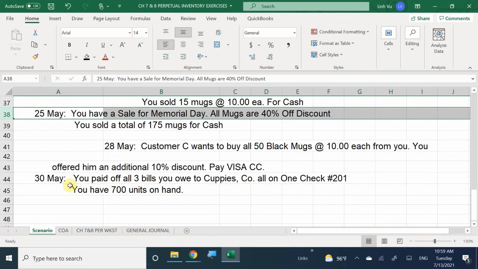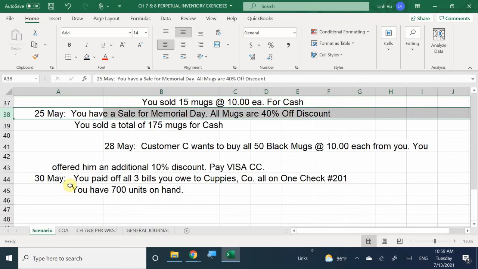What happened on the 28th of May? So customer C wants to buy all 50 mugs at $10 each from you. You offer him a 10% discount, and he's paying with his Visa account.